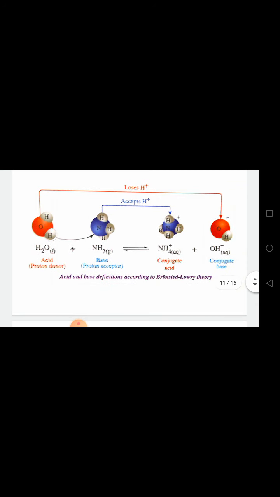This reaction produces, according to Brønsted-Lowry theory, a conjugate acid and a conjugate base. Acid, when it loses or donates a proton, gives a conjugate base, while base, when it accepts a proton, is converted to a conjugate acid.